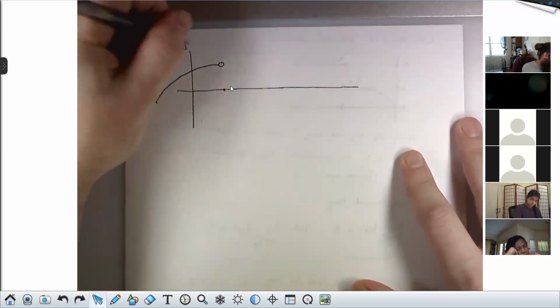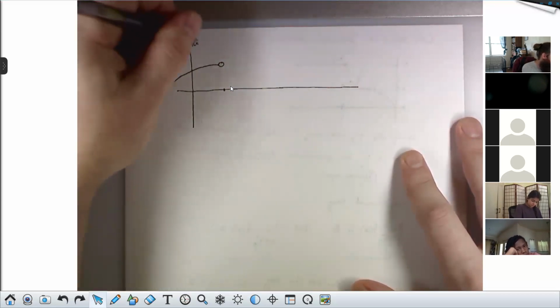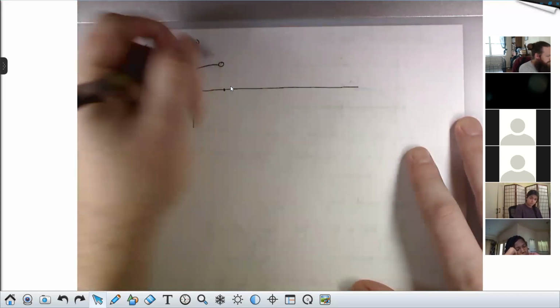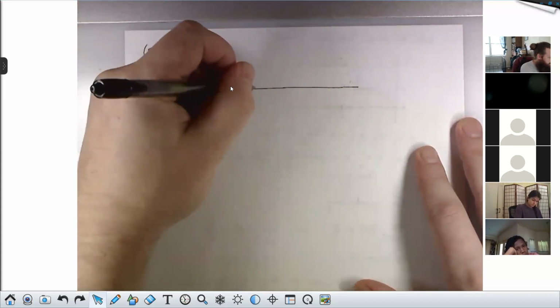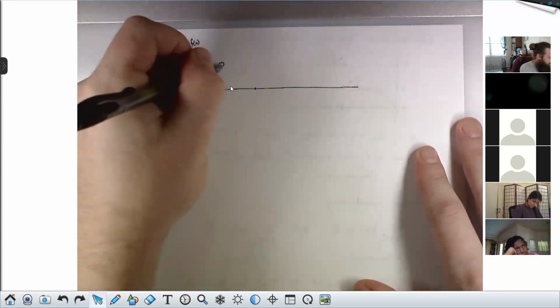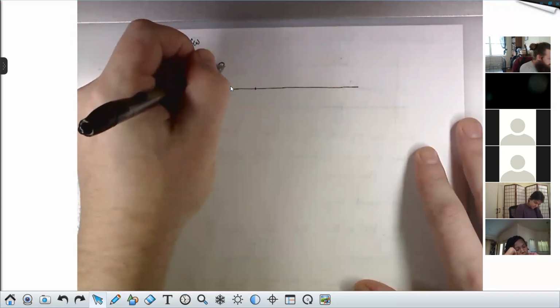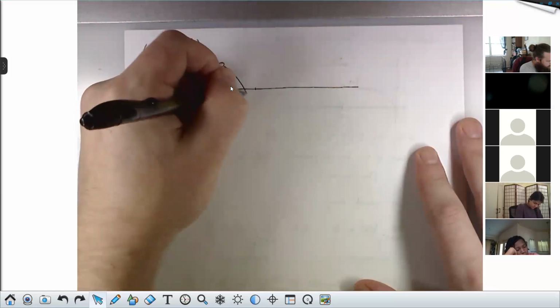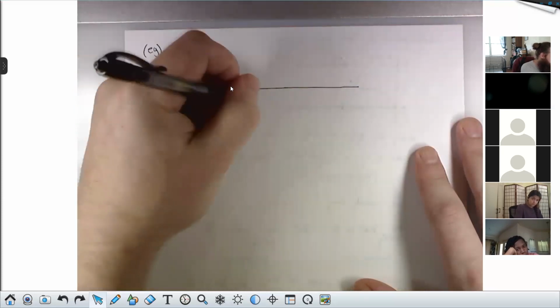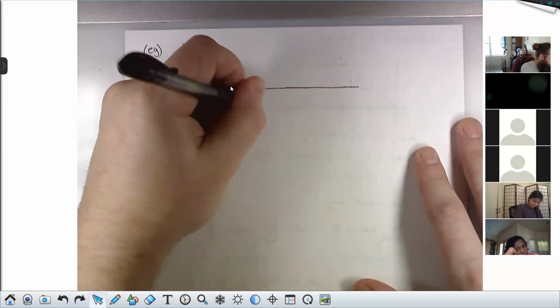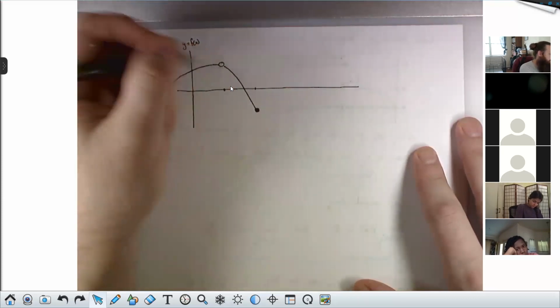We'll say this is the graph y equals f of x. Let's fill this one in.